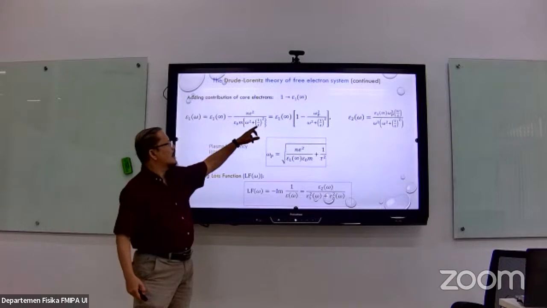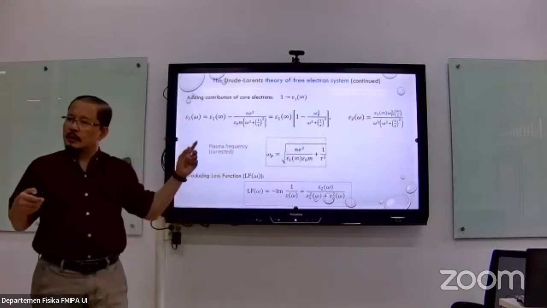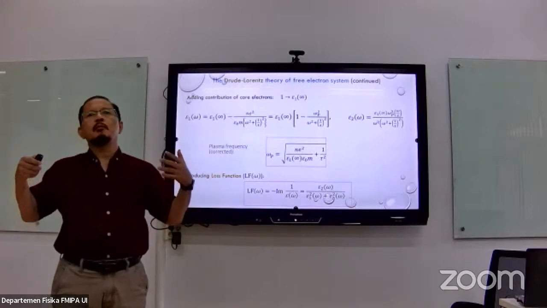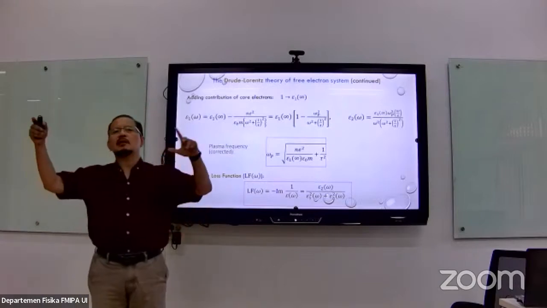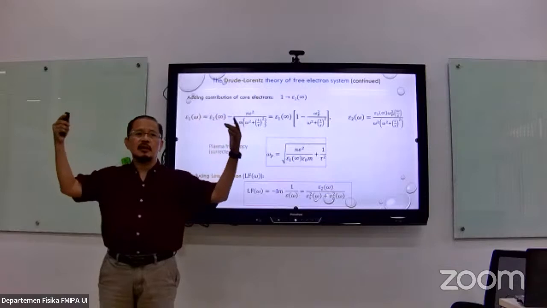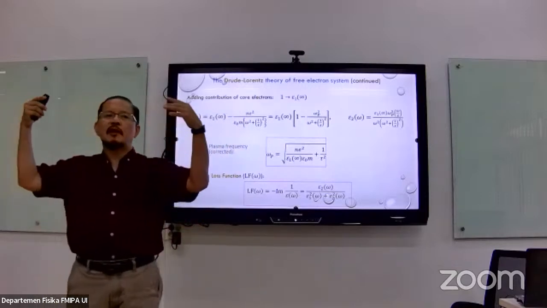If tau is considered very, very large, as for good metals, it means that the electrons only very rarely collide. If tau is very short, the electrons collide very frequently.